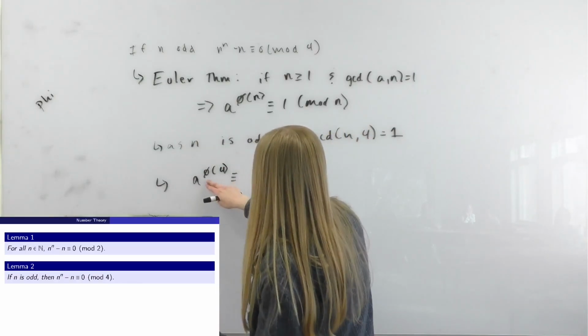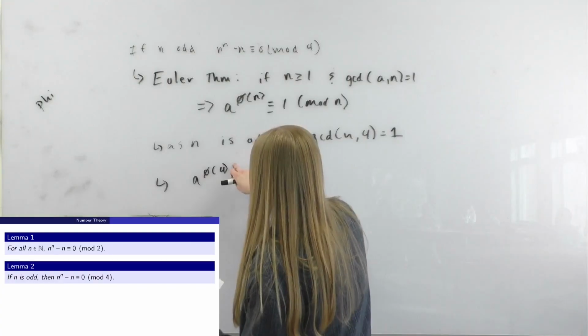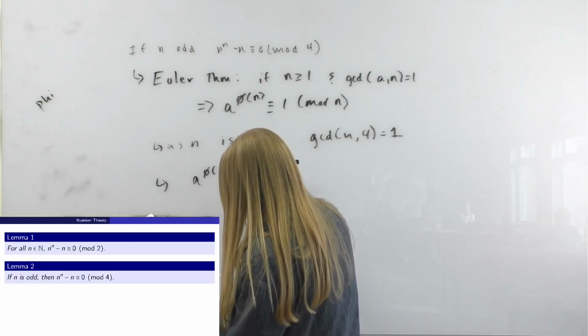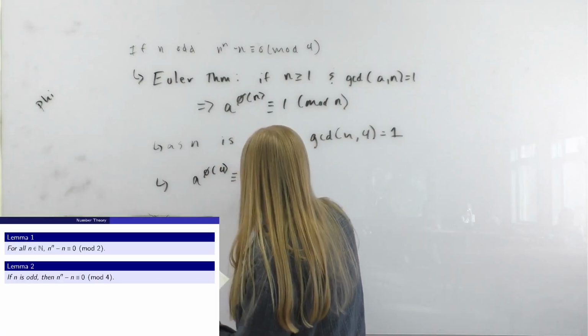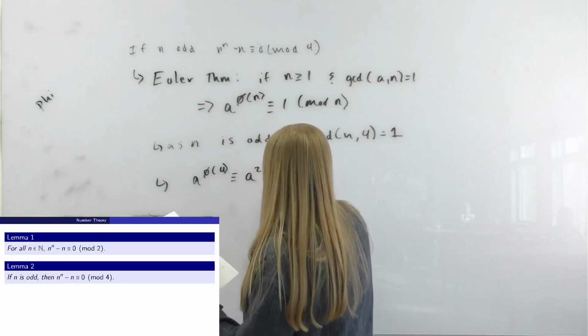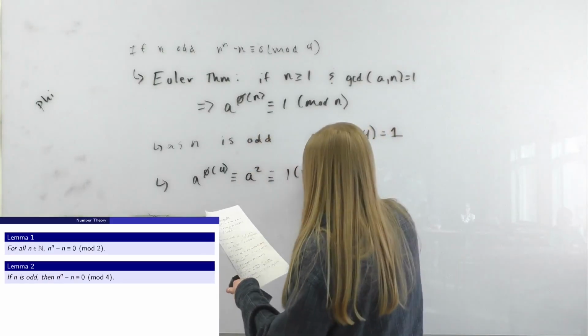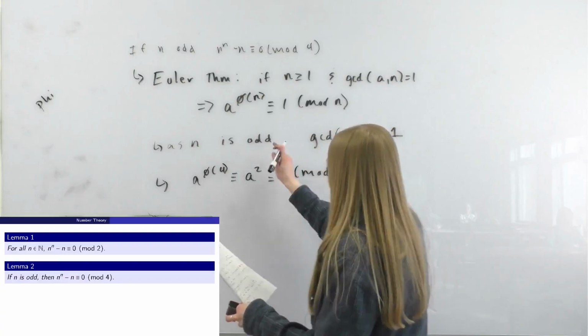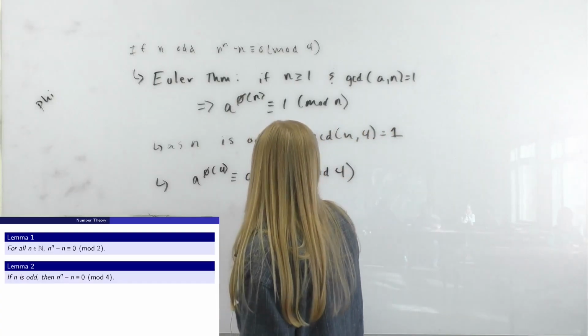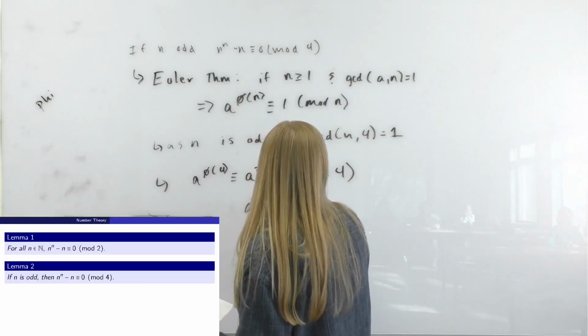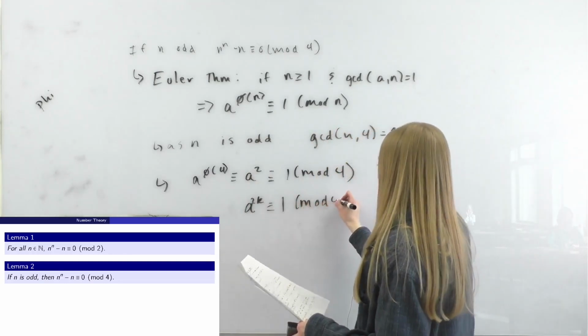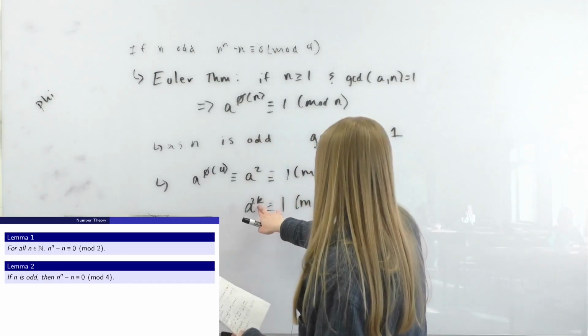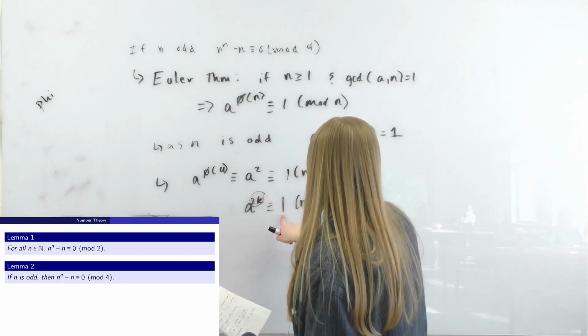Phi is just the number of integers below 4 that are coprime to it. So for 4, it's a squared. Yes, a squared is congruent to 1 mod 4. We can raise both sides to the power of k, so a to the 2k is congruent to 1 mod 4. So a to any even number is congruent to 1 mod 4.